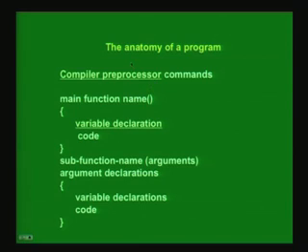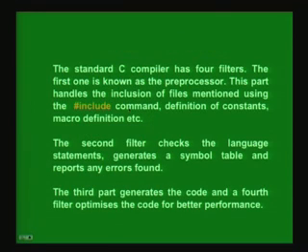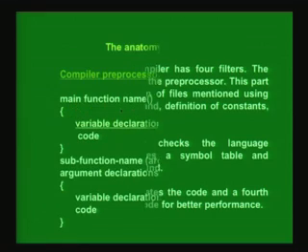We'll conclude today's lecture by looking at this anatomy of a program once again. Here is the summary of a program. First we start with compiler preprocessor commands, which you might remember, since a standard C compiler has 4 filters, the commands which take care of the first part are the preprocessor commands, which include the inclusion files, etc. We'll look at that program again and see what these things mean.